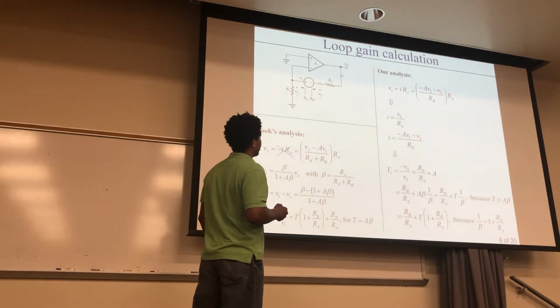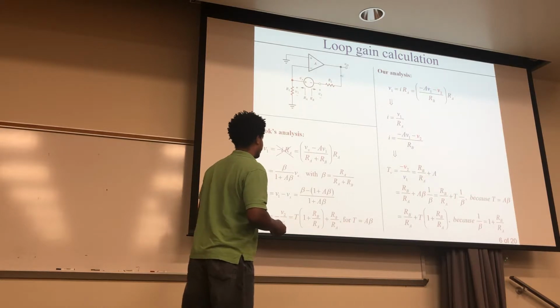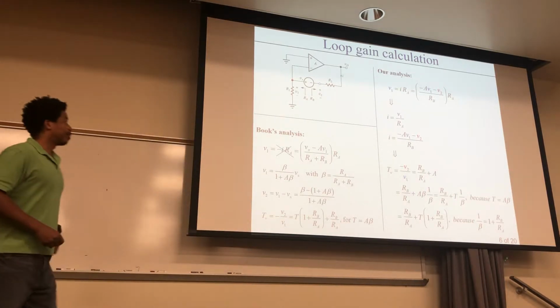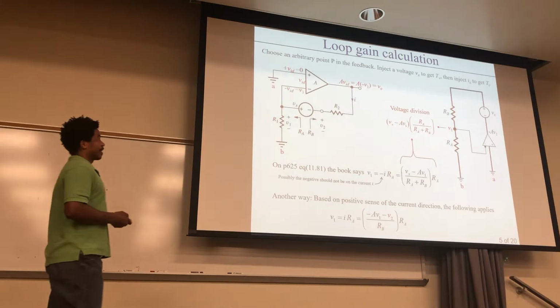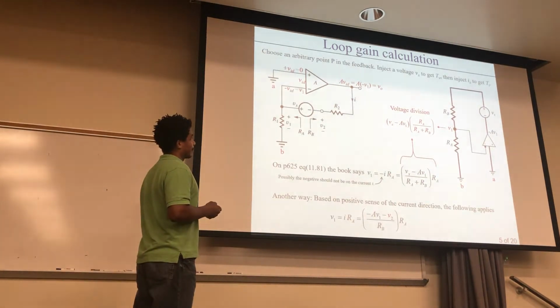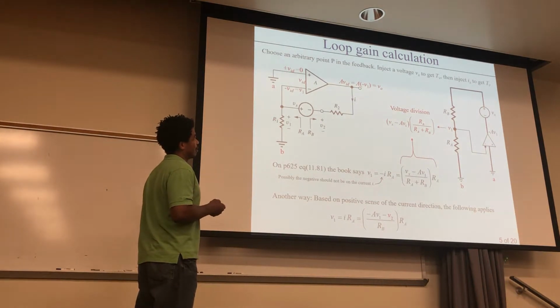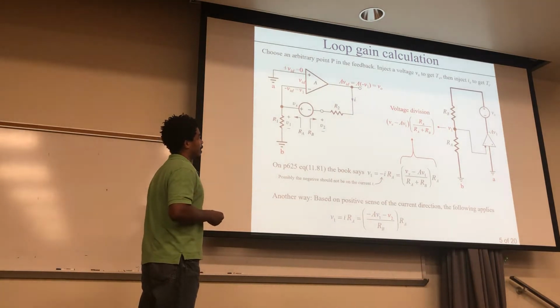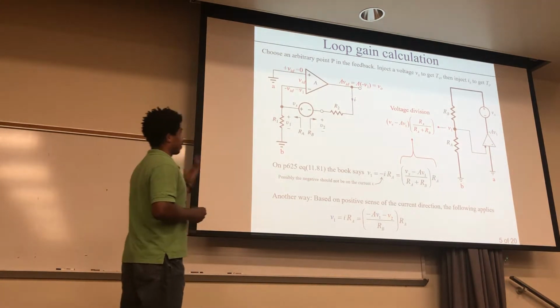Okay, and we went through this step by step to figure out that you're going to get the same answer in both cases. But what's really nice about this is that it's really forcing you to understand more of the different ways that voltage division can appear, because it's not intuitive at first.